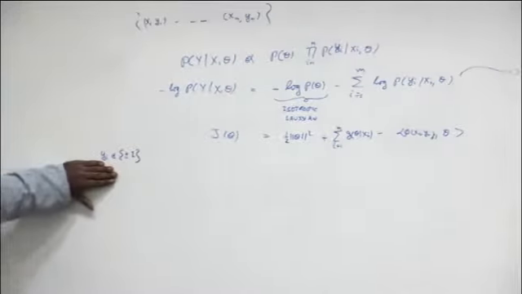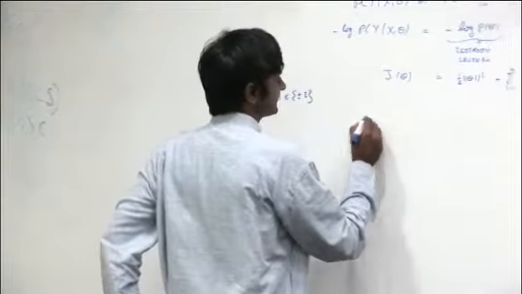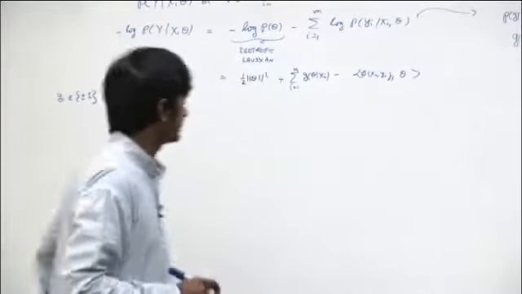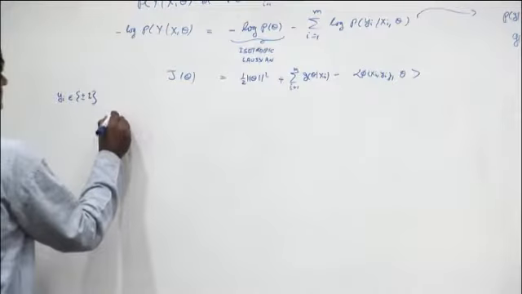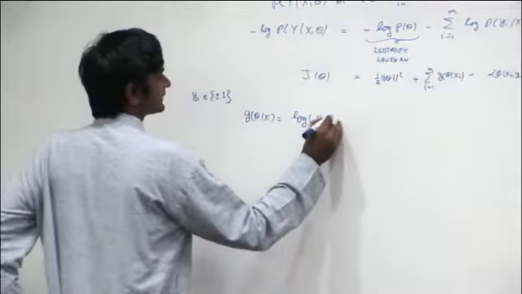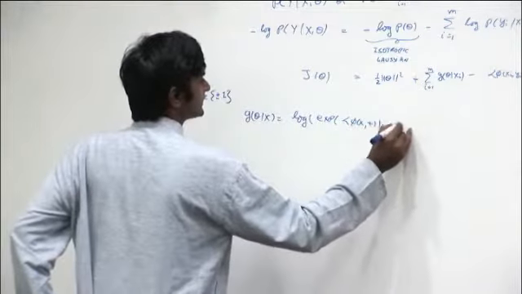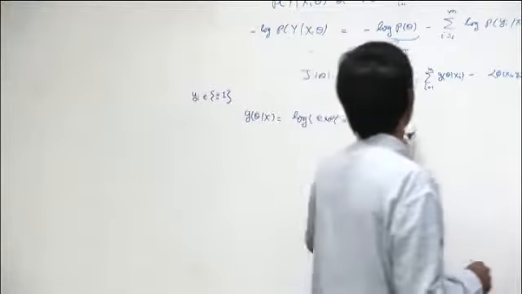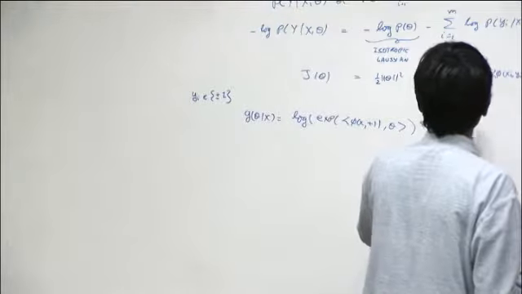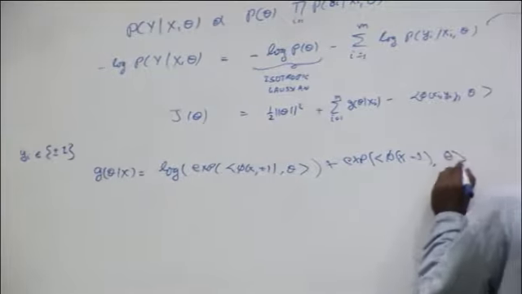Let's start with the simple assumption that the yi belongs to +1, -1. If this is the case, what happens to our log partition function? Let us look at this first. The log partition function in this case looks like g of theta conditioned on x is log of exp of phi of x and +1 times theta, plus exp of phi of x and -1 times theta.